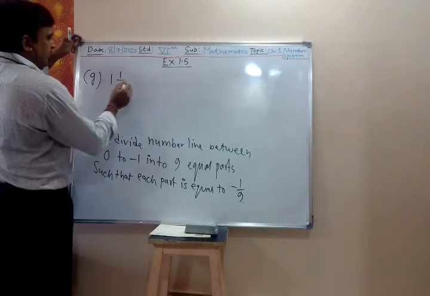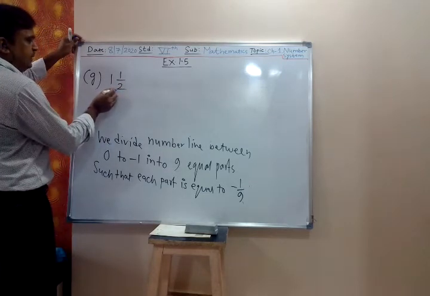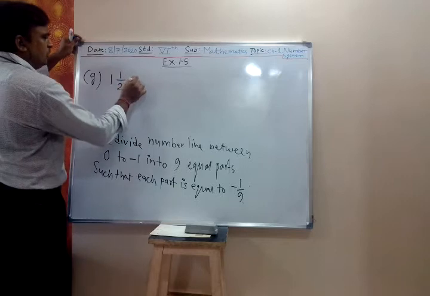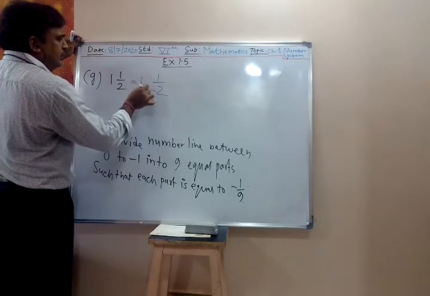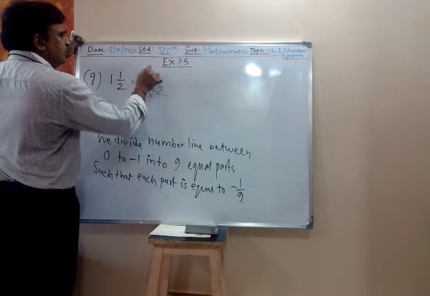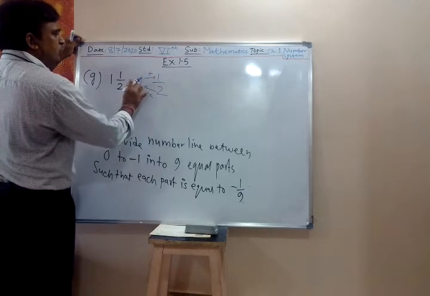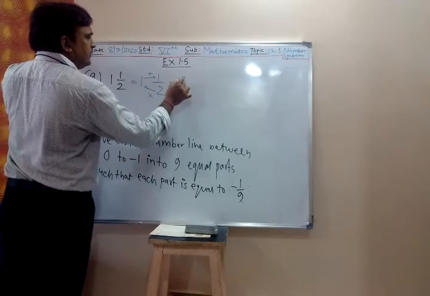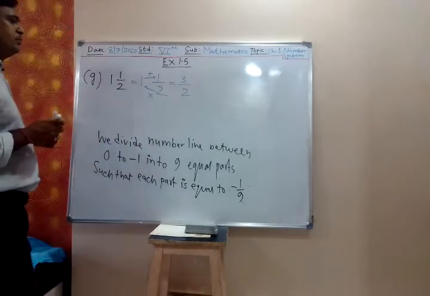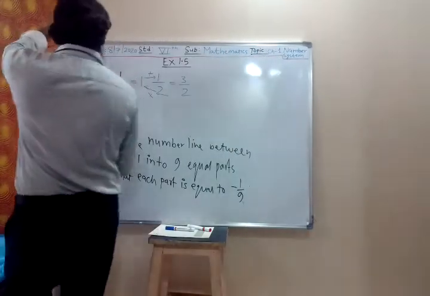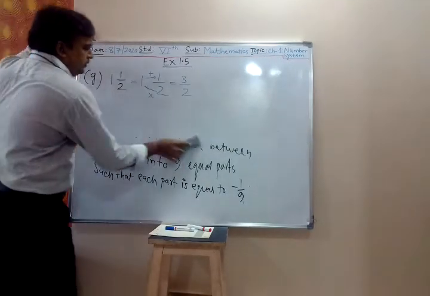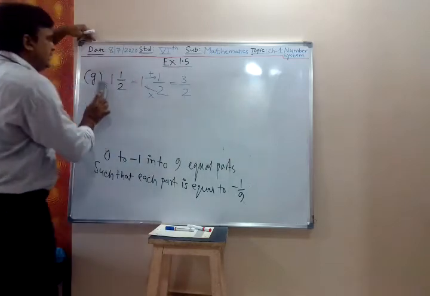The 2 I have to multiply and this I have to add. So 2 ones are 2, 2 plus 1, 3, 3 by 2. Now 3 by 2 I can write as 1 and 1 by 2.